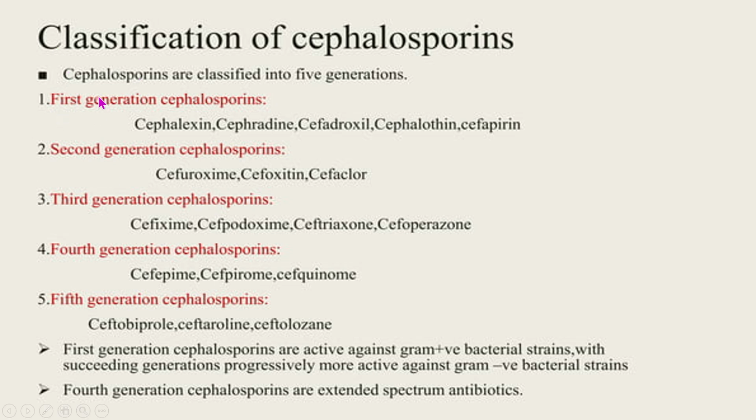We are moving towards the discussion of 1st generation cephalosporins. They are cephalexin, cefaradine, cefadroxil, cephalothin and cefapirin. 2nd generation cephalosporins are cefuroxime, cefoxitin and cefaclor. 3rd generation cephalosporins are cefixime, cefpodoxime, ceftriaxone and cefoperazone. 4th generation cephalosporins are cefepime, cefpirome and cefetamet.